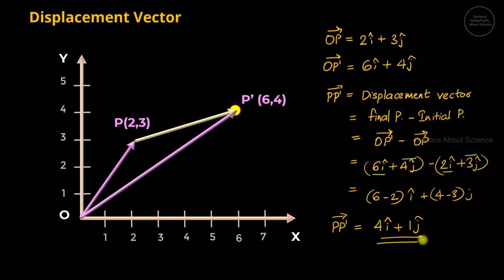So this is the displacement vector. Now if I want to find the magnitude of this displacement vector, it is given by modulus of vector PP dash, or it is simply square root of 4 square plus 1 square, that is root 17. That is how you find the displacement vector.